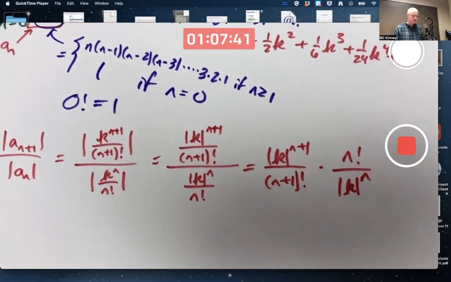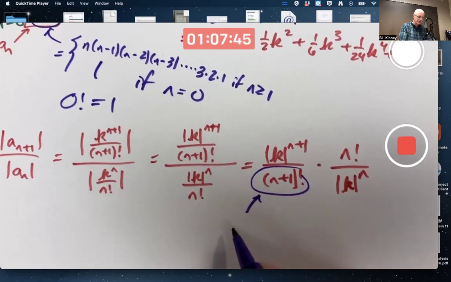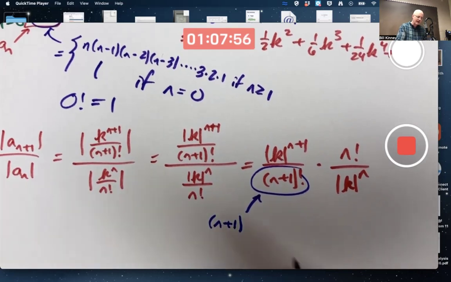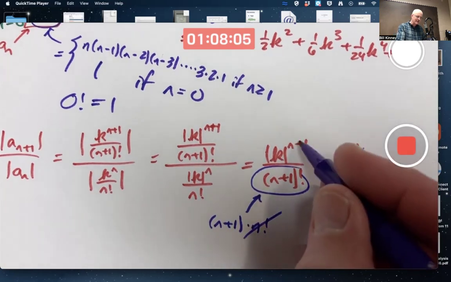That's better. It gets even better when you realize (n+1) factorial is (n+1) times n times (n-1) times (n-2), and so on. If you think about it carefully, it's really (n+1) times n factorial. And the n factorials cancel. Something else nice happens.